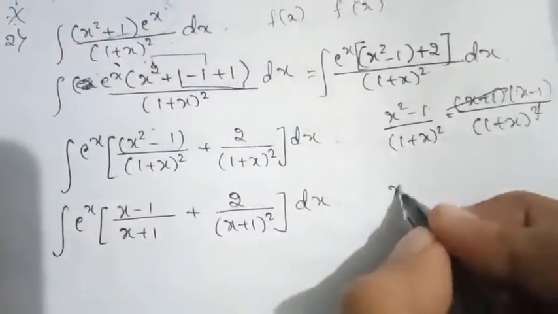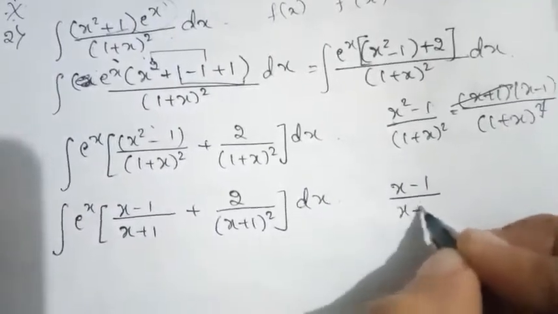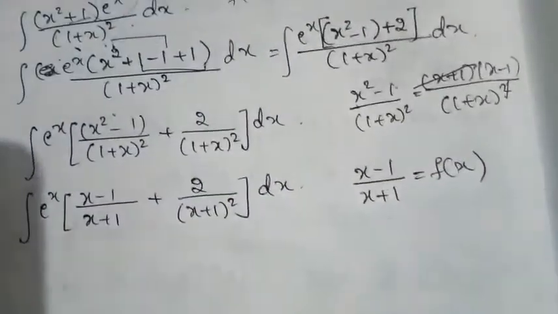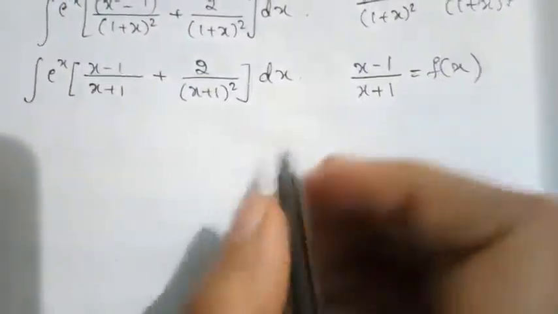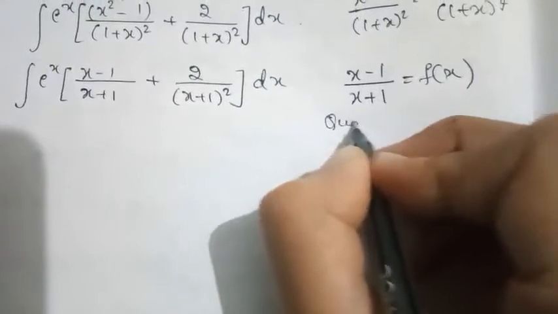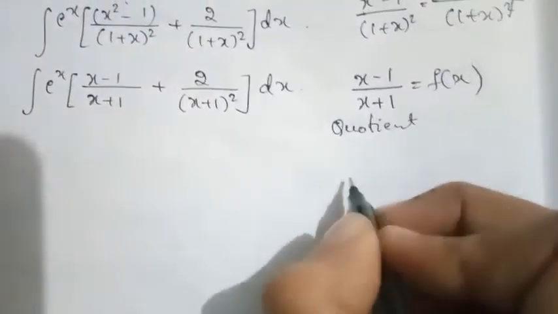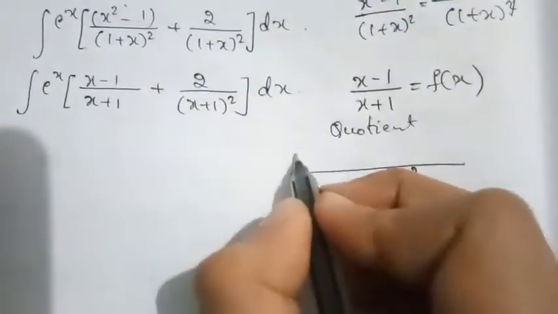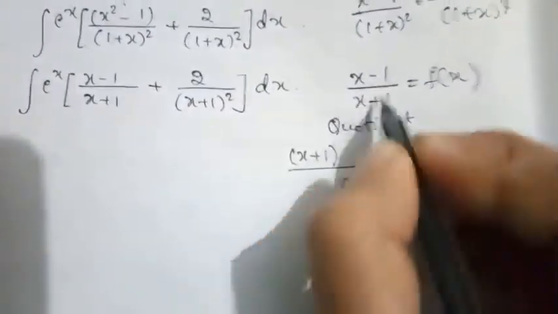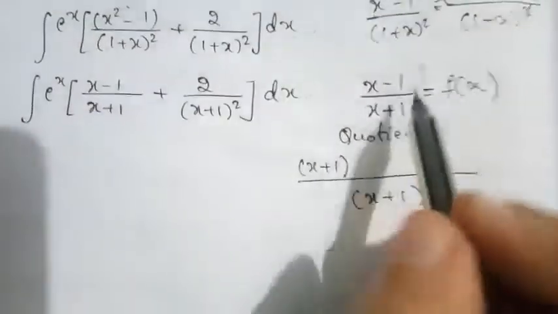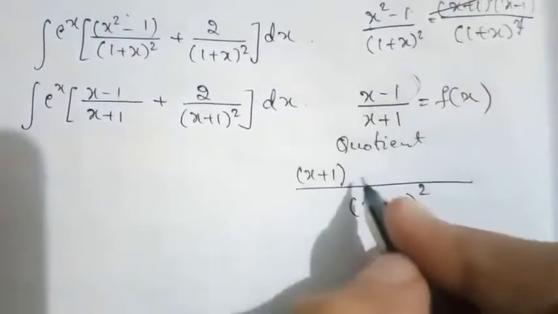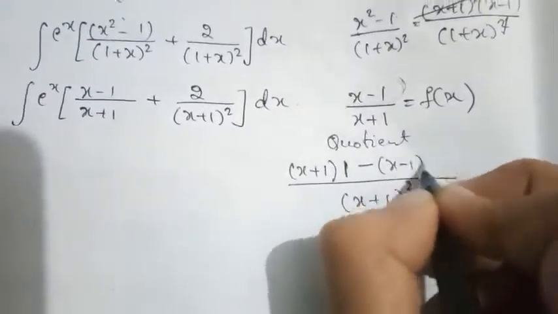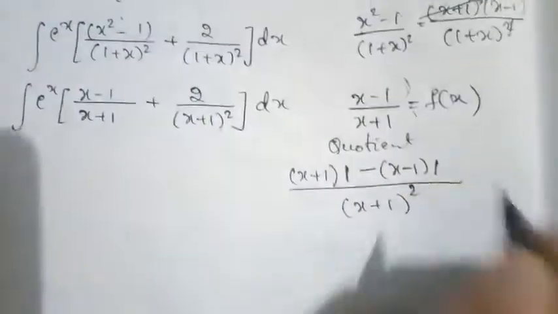Now consider, suppose I consider x minus 1 divided by x plus 1 is equal to f of x. If I differentiate this one, obviously using the quotient rule, what happens? X plus 1 whole square divided by x plus 1, differentiation of the first term, what is the differentiation of this one? It is 1, minus x minus 1, differentiation of the second term, it is 1.